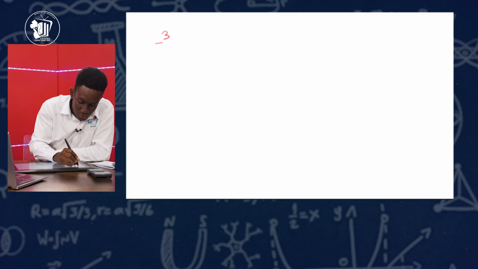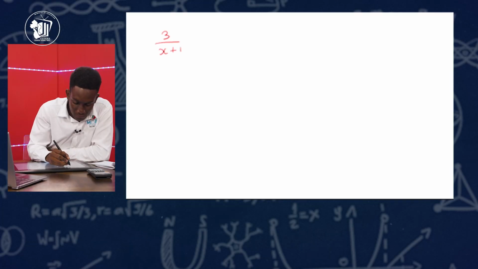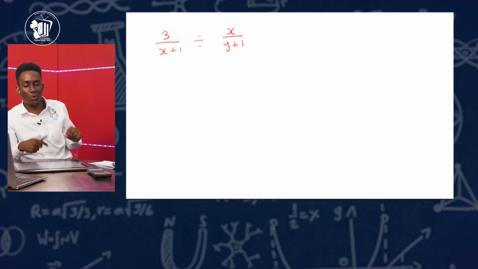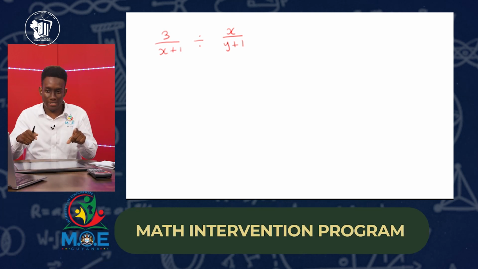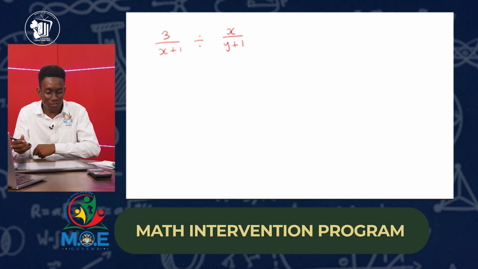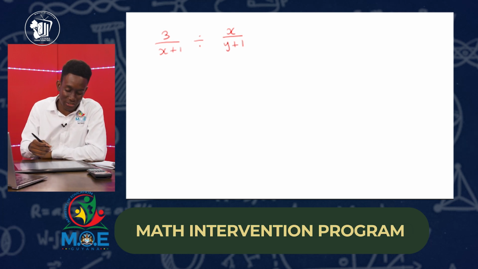So let's say we have 3 over x plus 1, divided by x over y plus 1. And we want to simplify this. So of course, we have to change the division to a multiplication and we flip the divisor fraction.